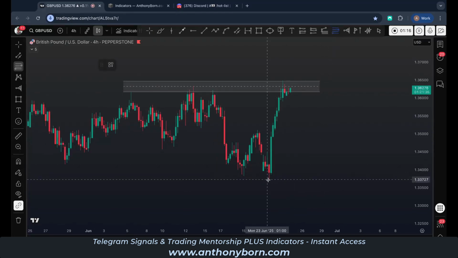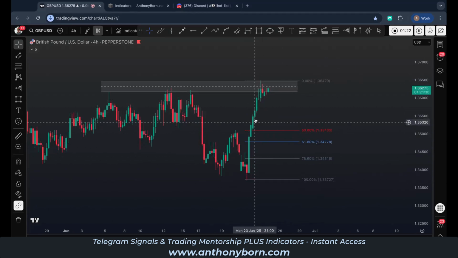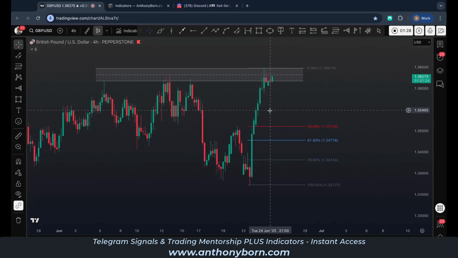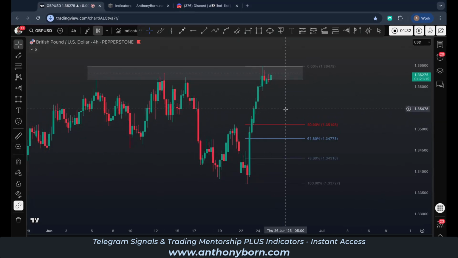So if we grab the Fibonacci, pull it up, I'm always looking at this from a discount and premium perspective. This area under here, well, there's a couple of things going on. One, you've got fairly thin liquidity with this move, like this candle here.